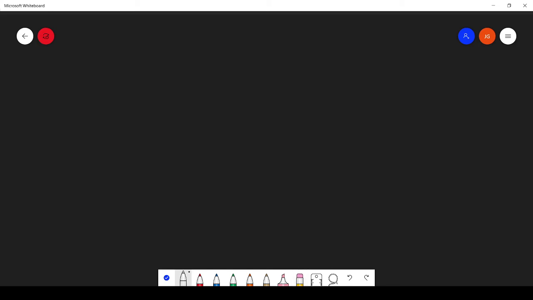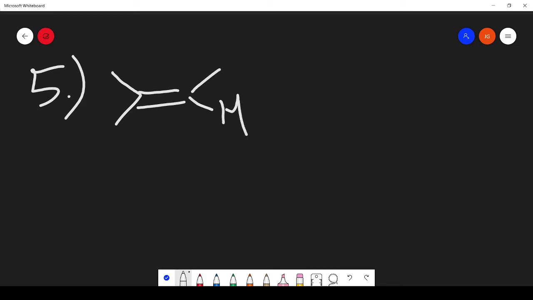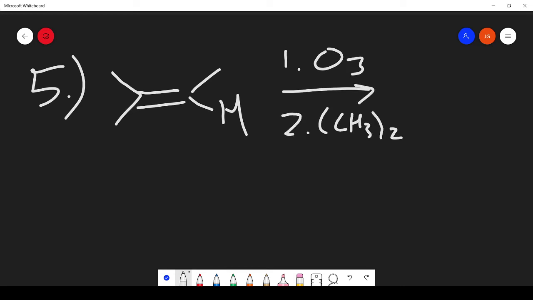Reaction number 5 is also one that I'm not going to draw the arrow pushing for because we don't have time for that. We have a lot of problems to go through. But we're starting off with this alkene, and we're going to react it with ozone and CH3SCH3. Now you might remember this from Orgo 1, and you'd be correct, this is an Orgo 1 reaction.